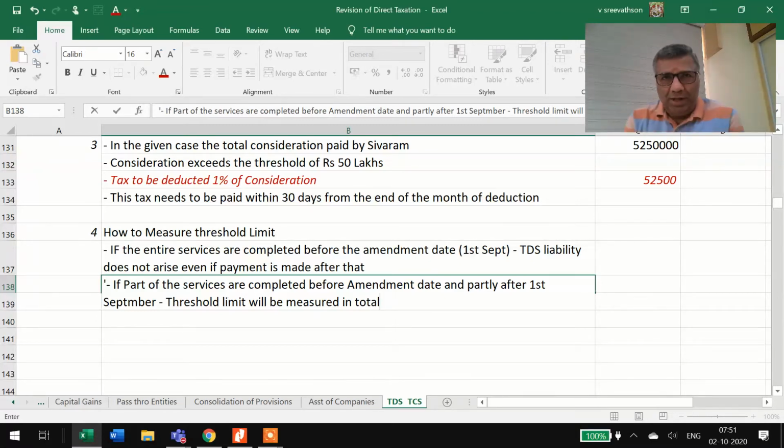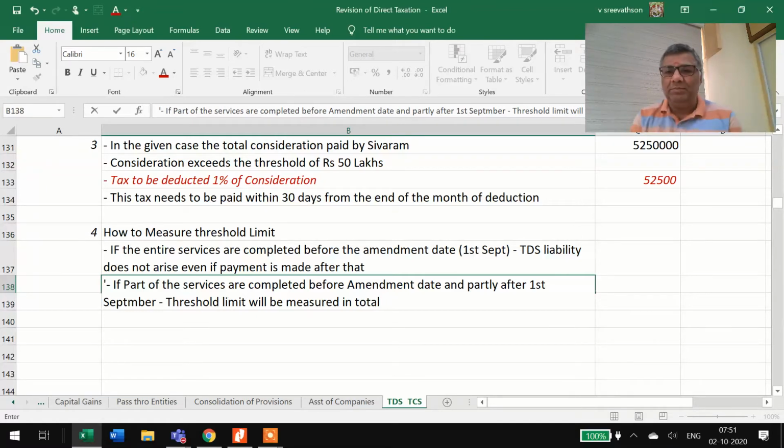In this case, after 1st September, I paid only 26 lakhs, for example. Before 1st September, I have paid another 26 lakhs. So 52 lakhs is our total consideration.